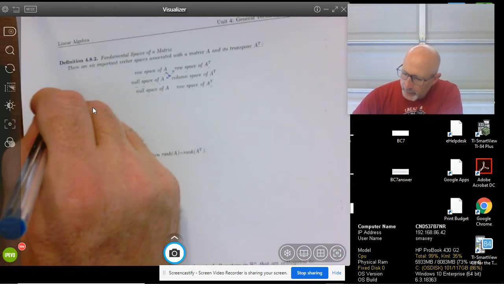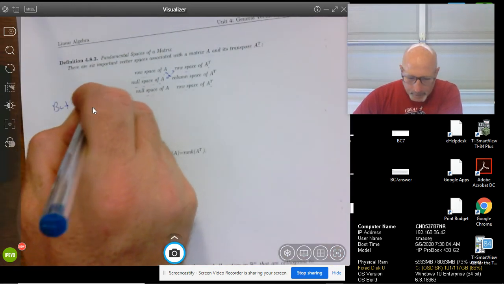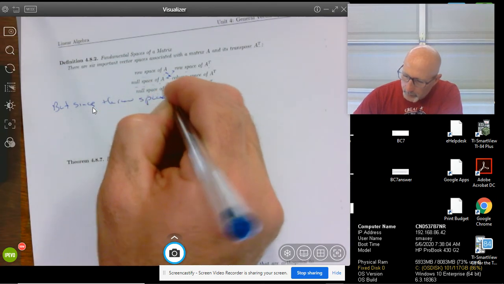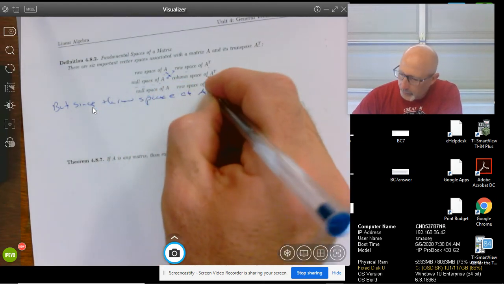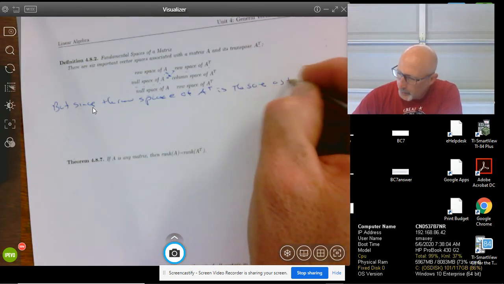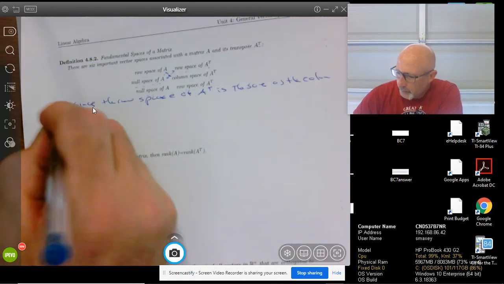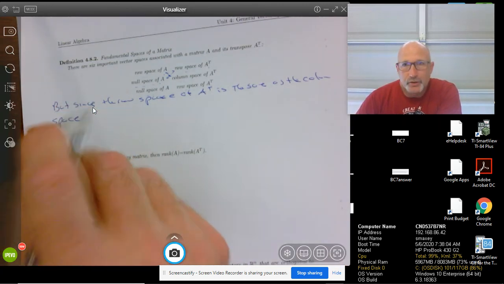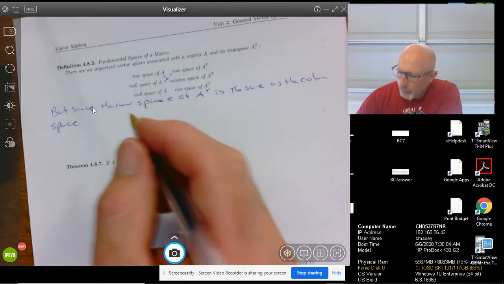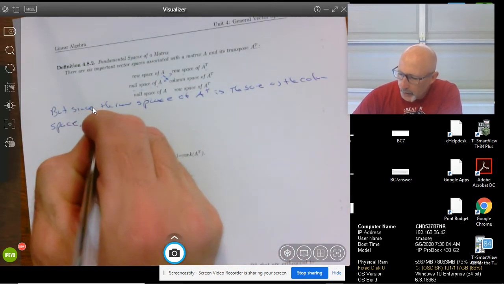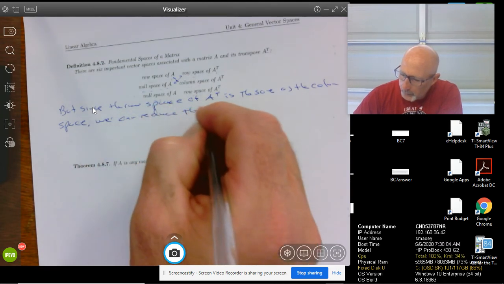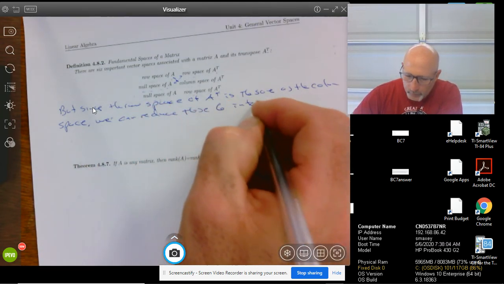Since the row space of A transpose is the same as the column space of A, because it's the same exact vectors, just flipped, and vice versa, we can reduce these 6 into 4.